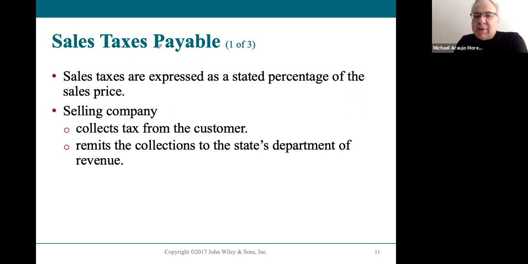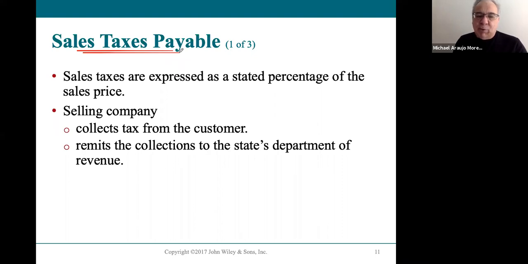One of the things you need to understand is how important businesses are to the government in terms of collection of taxes. Businesses collect an enormous amount of taxes, and one of the more important ones is the sales tax. Now, not all states have sales taxes, but we do live in a state that has sales taxes. So that means that certain products usually are taxable, subject to the sales tax.